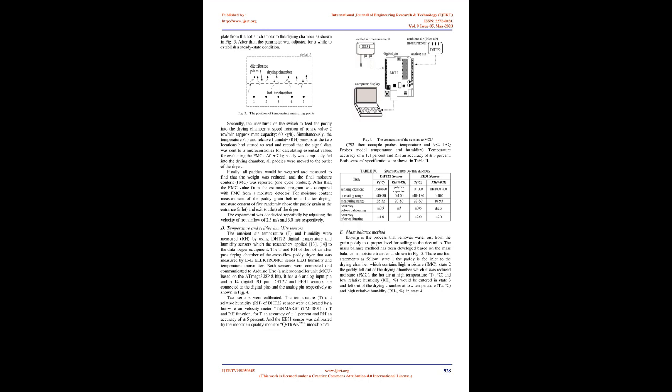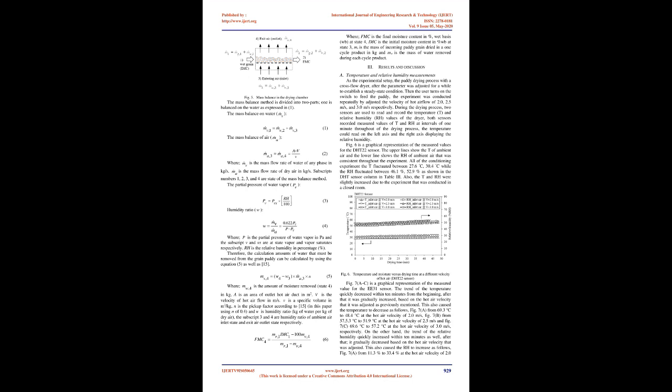After 7 kg of paddy was completely fed into the drying chamber, all paddy was moved to the outlet of the dryer. Finally, all paddy would be weighed to find the weight reduction, and the final moisture content, FMC, was reported for 1 cycle product. After that, the FMC value from the estimated program was compared with the FMC from a moisture detector.